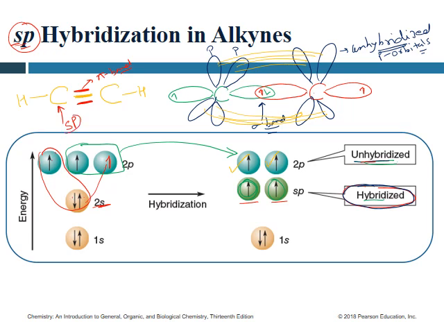So that's why you have sp. Similarly, for this carbon, out of the 4 bonds, we have just 2 bonds from the hybridized orbitals, one s and one p, so sp. Make sure you know how to figure out the hybridization for alkane, alkene and alkyne.